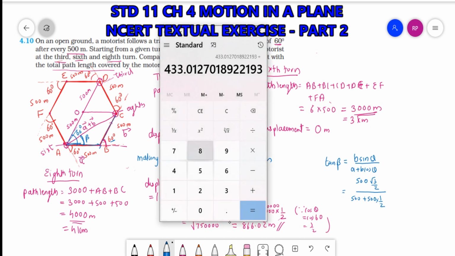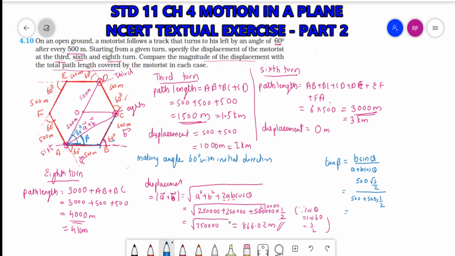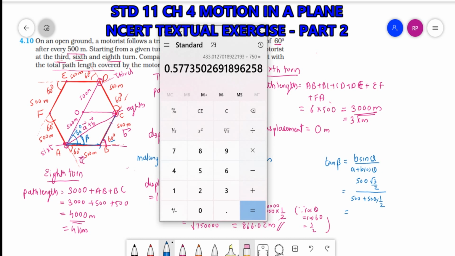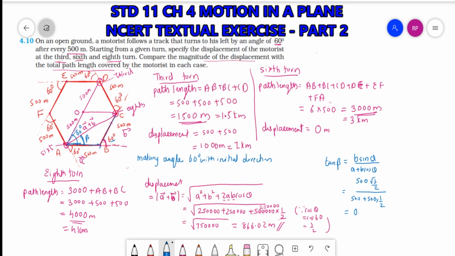So divided by 750, that will be equal to 0.57773. Okay, now we used to take the trigonometric table for tan. So by using the trigonometric table, the angle beta would be equal to 30 degree.